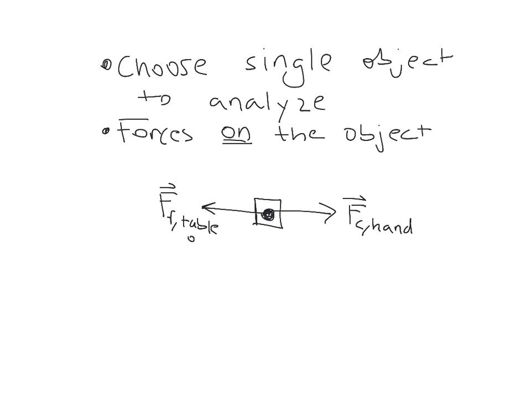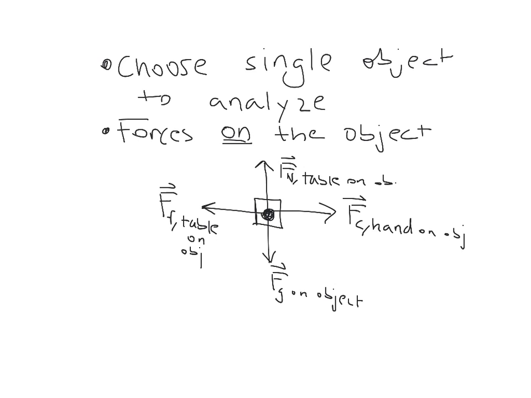So this would be the table on the object. This would be the hand on the object. We have the force of gravity, always if we're on the earth, on the object. And maybe we have some normal force of, say, a table. Maybe the object is sitting on a table, on the object.